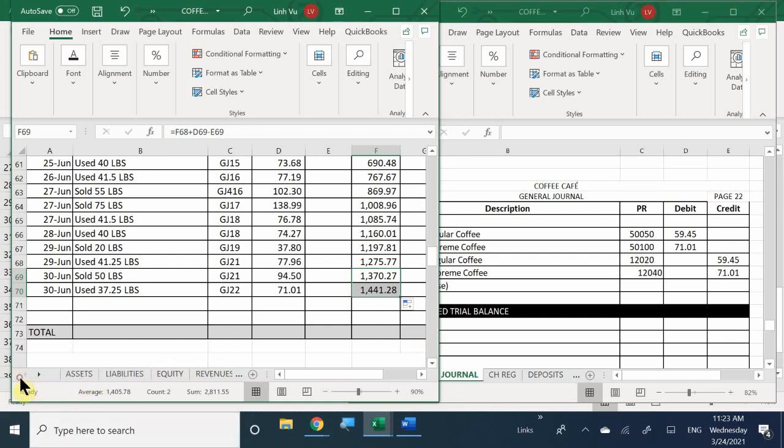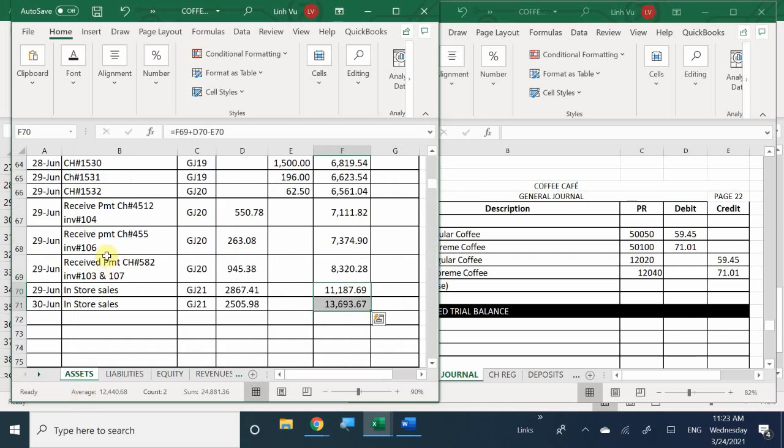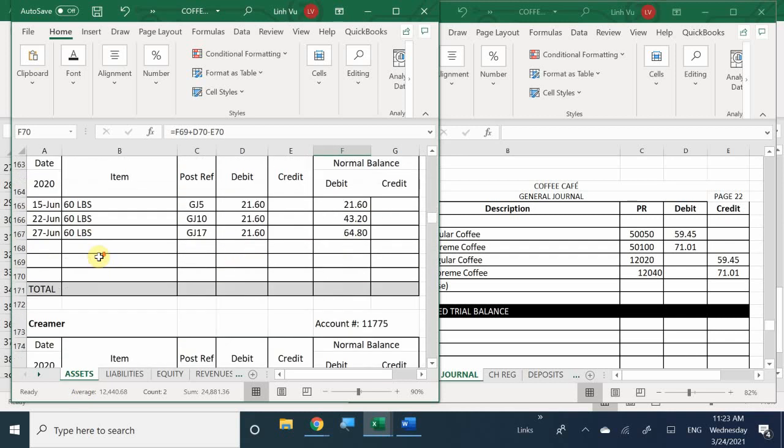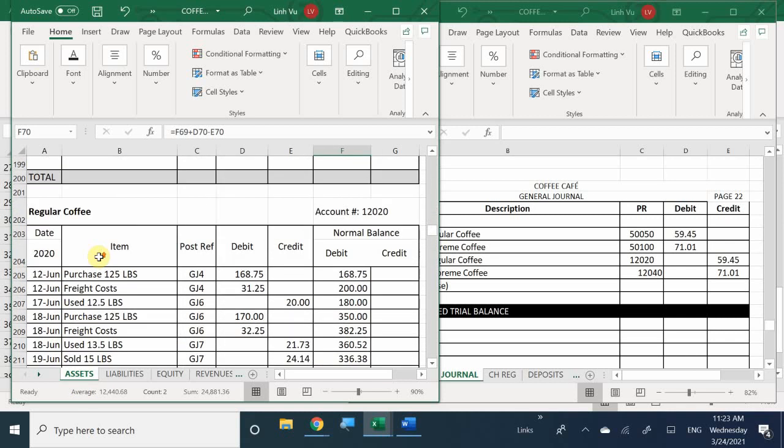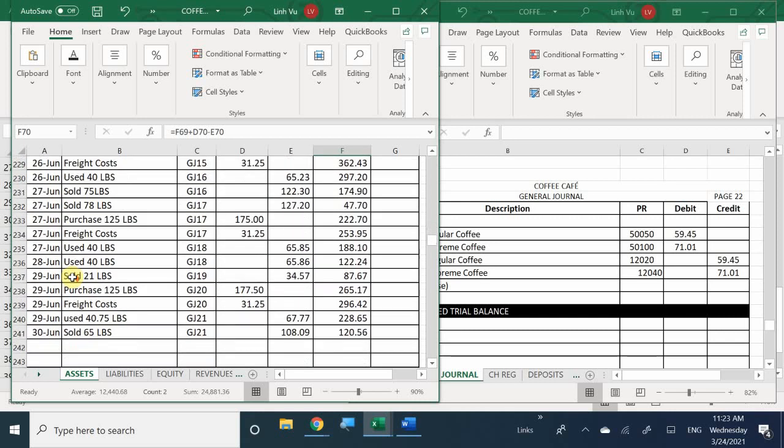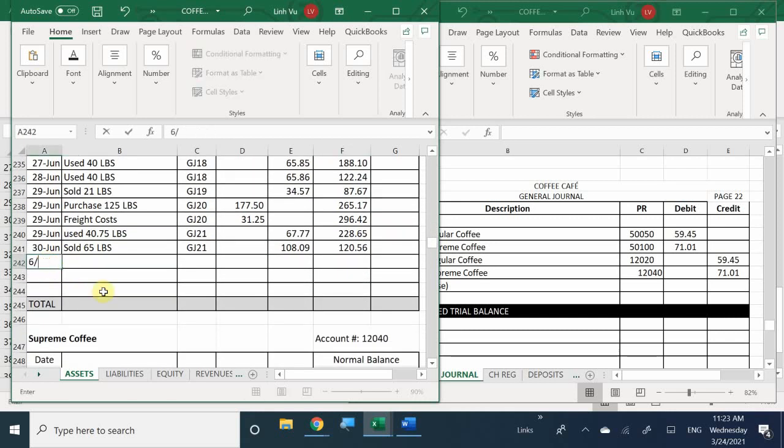Last but not least, let's update our inventory. We need to update our regular coffee because we used some coffee. We used a total of 35.75 pounds, General Journal 22 for the total of 59.45.